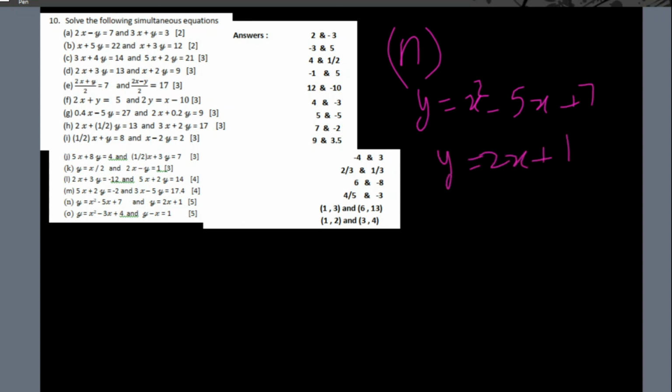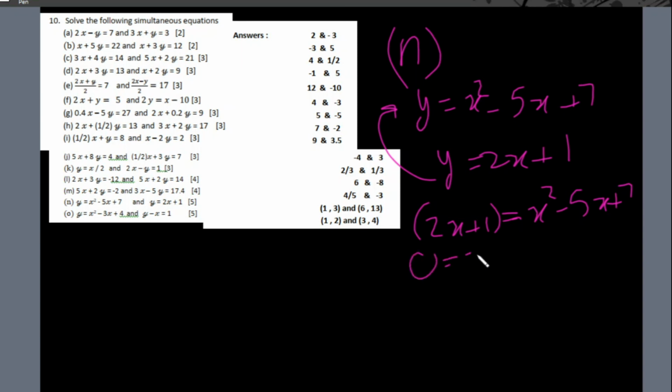We have to solve these simultaneous equations, which means we need values of x and values of y. So in the first equation, instead of y, I'll write 2x plus 1 equals x square minus 5x plus 7. Rearrange, put 0 on one side: x square minus 5x minus 2x is minus 7x, and plus 7 minus 1 is plus 6.